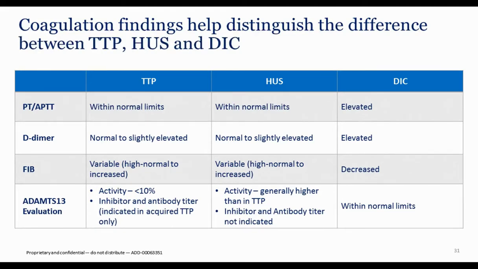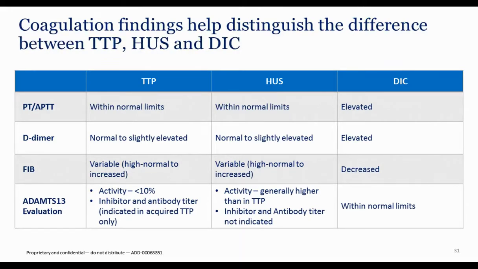And then finally, in those patients with thrombotic thrombocytopenia, there is a special test that we can do to identify the level of ADAMTS13 activity. This would be the activity assay. And in these patients, it's less than 10% in most of the cases.